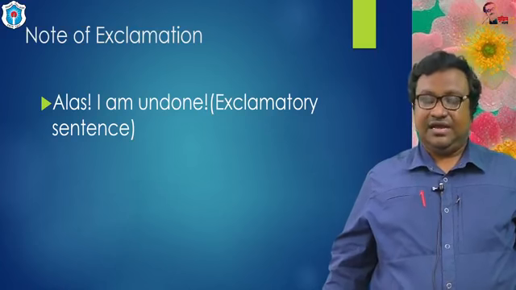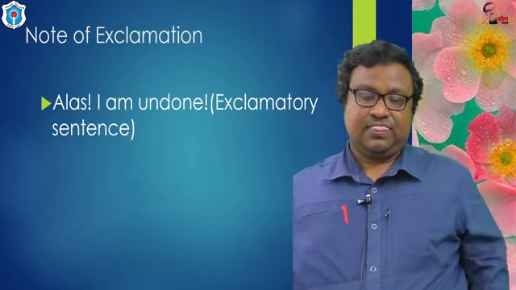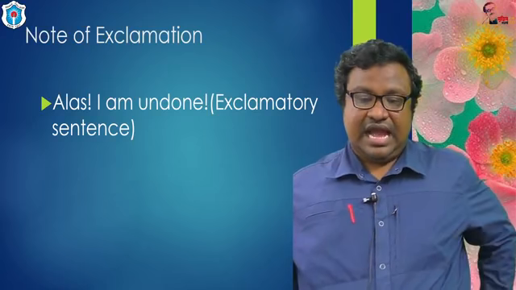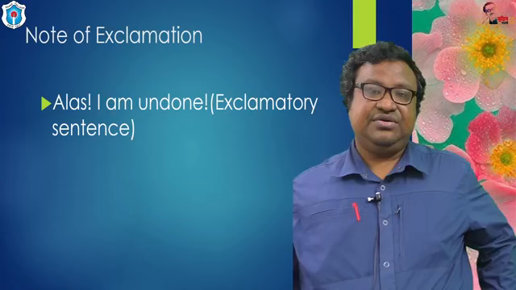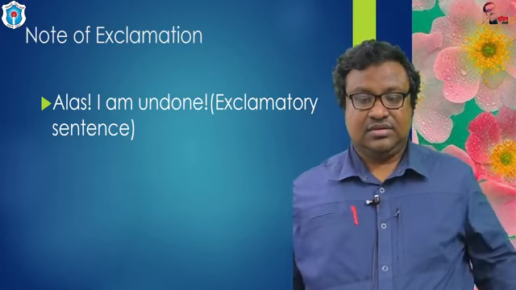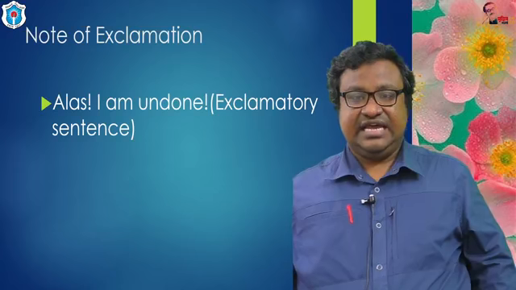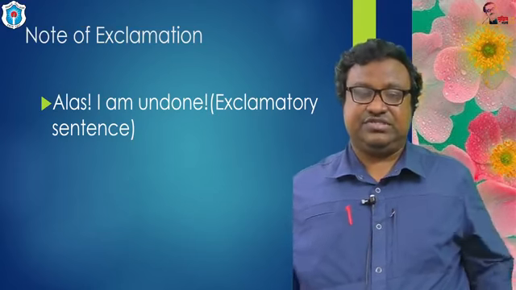Like if I say that alas I am undone, I exclaimed that I was undone. Or if I say that what a beautiful scenery, it is a very beautiful scenery.